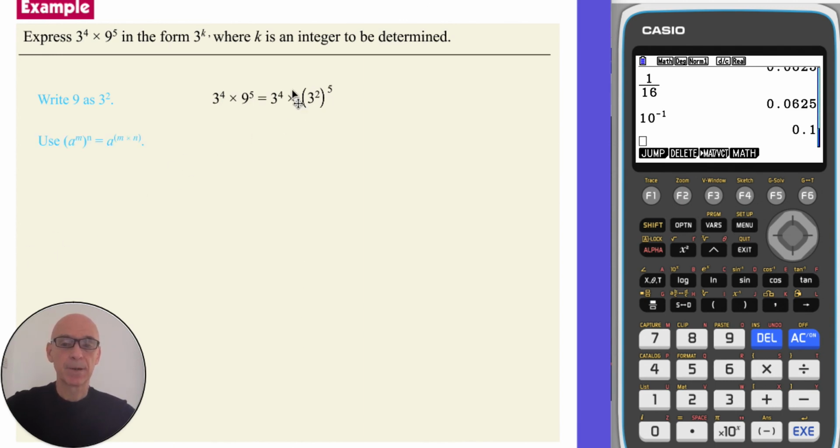And then if we apply the power to a power rule, multiplying those two powers together, giving 3 to the power of 10. Then if we add the powers, giving 3 to the power of 14 in the form required. So k is equal to 14.